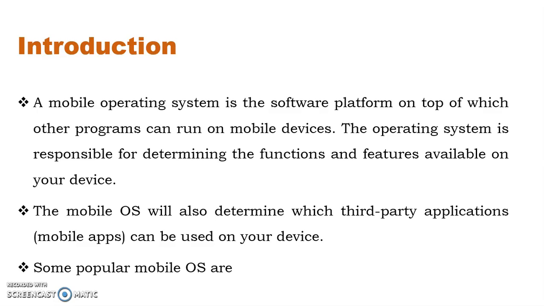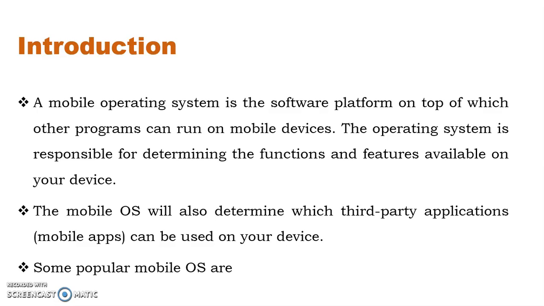The operating system is solely responsible for determining the functions and features available on your device. Without an operating system, you cannot do anything on your mobile. Again and again I emphasize that the mobile operating system is the most important thing.